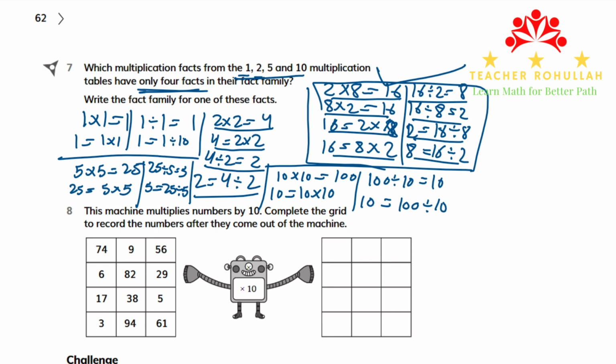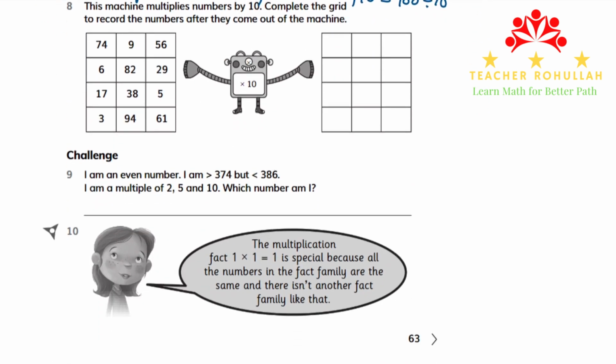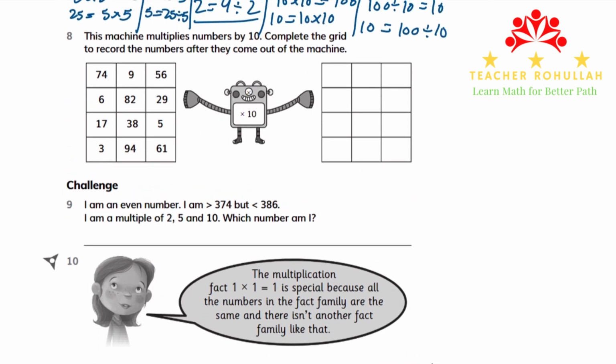Well, let's scroll down to question number 8. In question number 8, it says, this machine multiplies numbers by 10. Complete the grid to record the numbers after they come out of the machine.